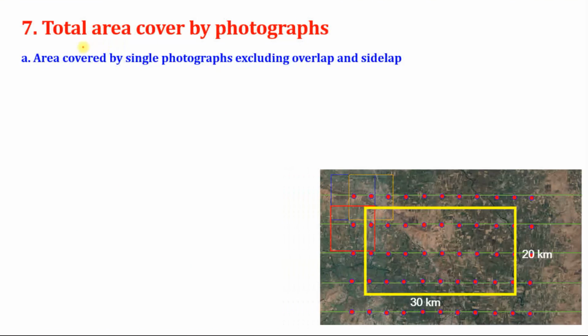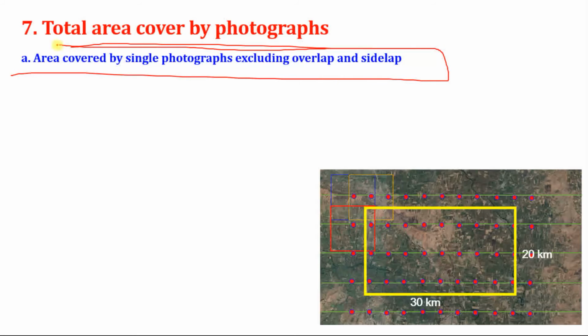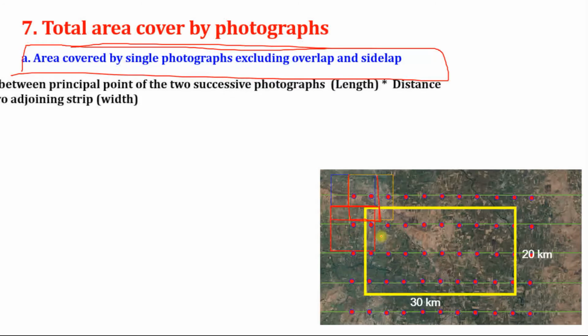Last thing, total area covered by photographs. Area covered by a single photograph excluding overlap and side lap. Means we exclude this overlap and we also exclude this side lap. So we calculate total area covered by photographs.